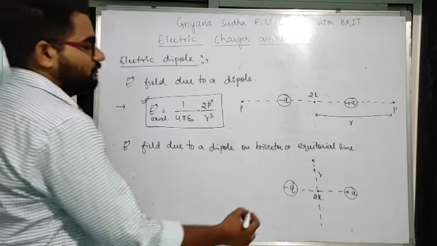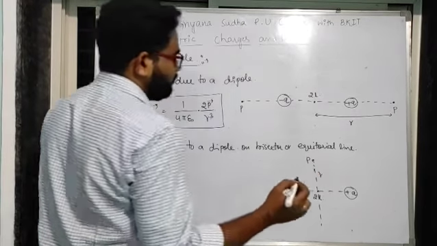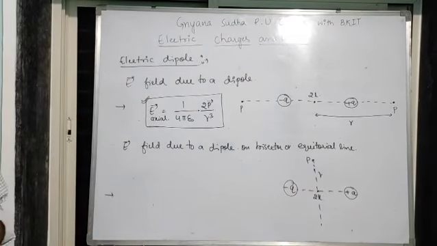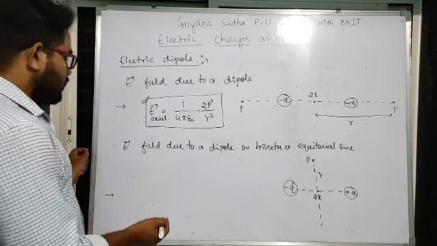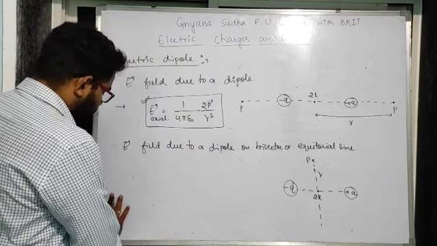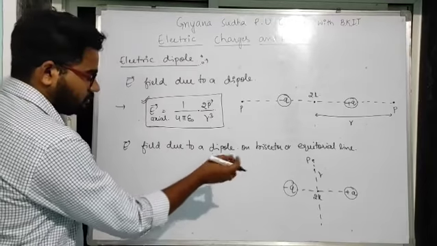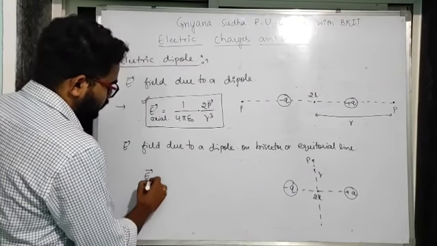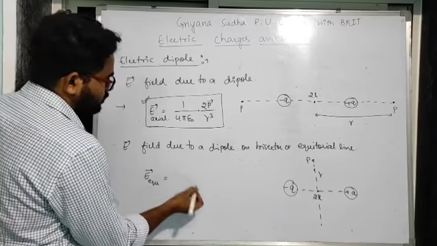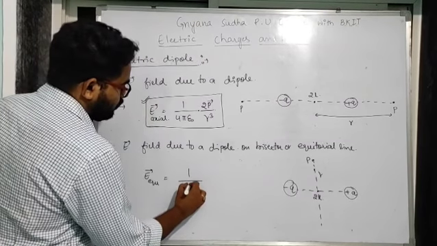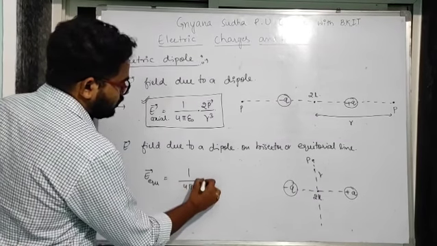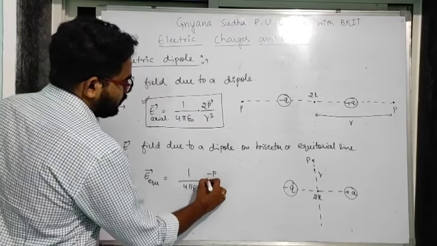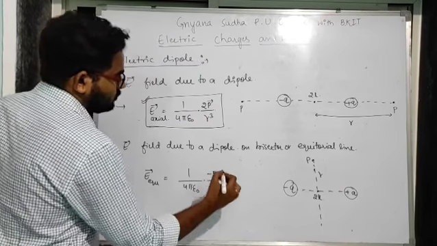Now what will be the electric field at this point P? The electric field on the equatorial line is equal to 1 by 4 pi epsilon naught into minus p by r cube.